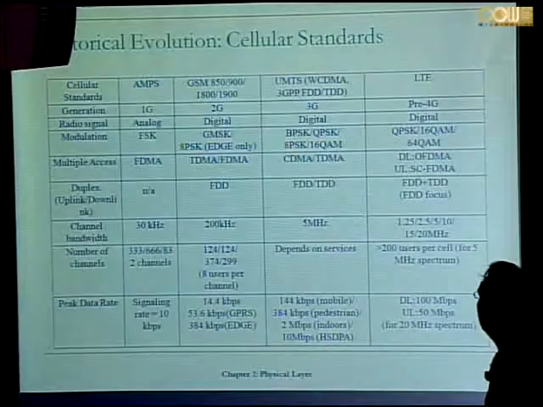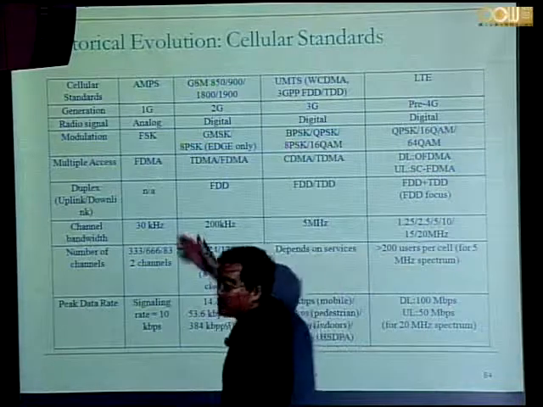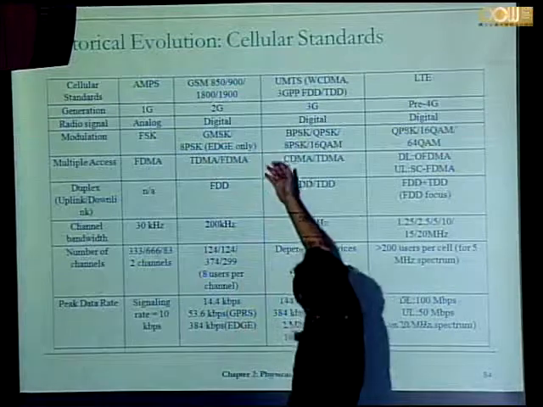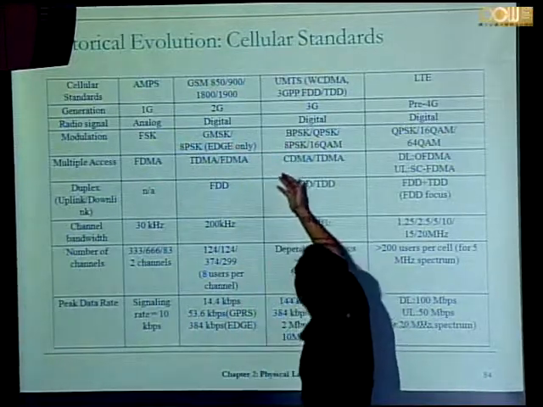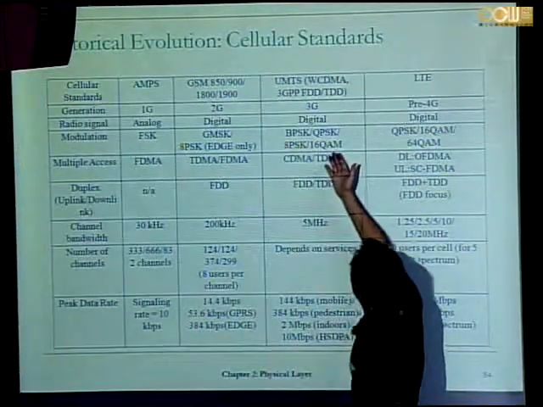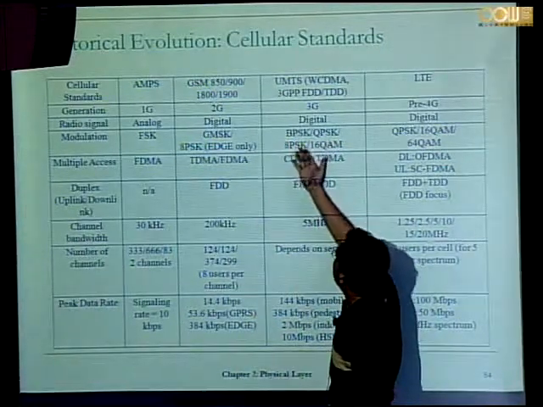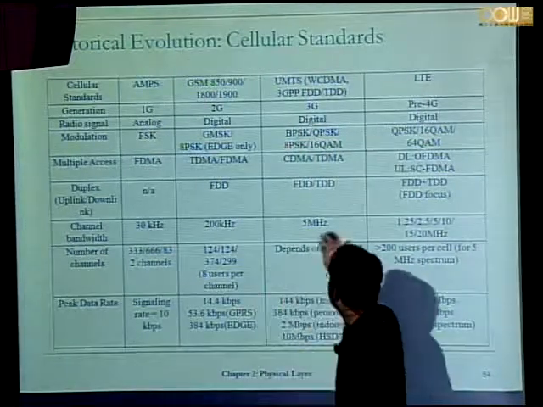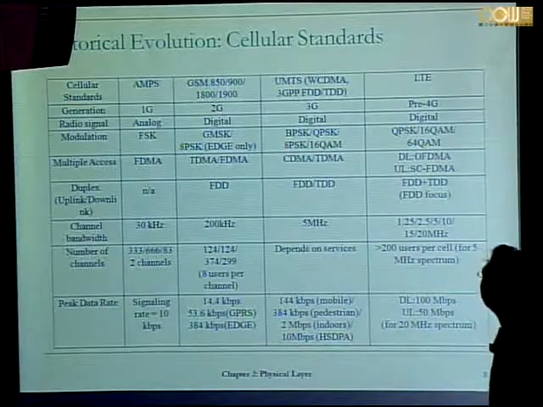From the basic AMPS, the first generation uses just frequency shift keying, right? But here I don't know what kind of shift keying it is. It says phase shift keying here, but it gets more complicated with QPSK or QAM in 3G. So right now we are using the 3G. Everyone here is using 3G.